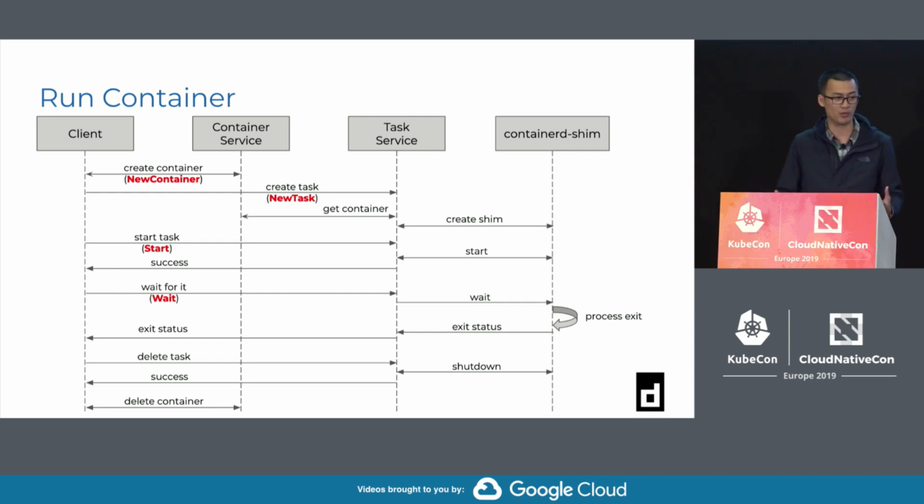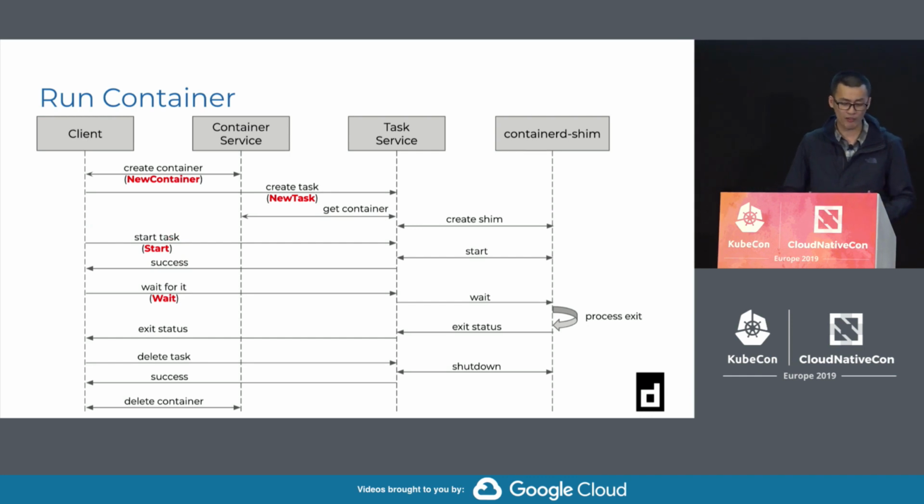Without the shim backend server, the running container will be killed after containerd dies. So it is a very important feature here. After the shim is started, we can call the start API to run a real process in the backend. So for now, we have a running process.